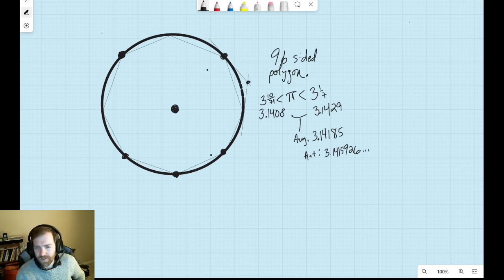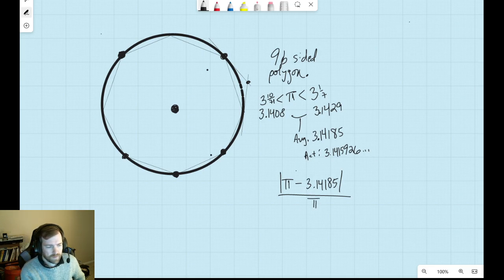Well, his error, if we were going to find it, right? So subtract those two and then divide by the actual. So pi minus 3.14185, if we just went with the average. So then divide by pi. So it's the difference in the two divided by pi.